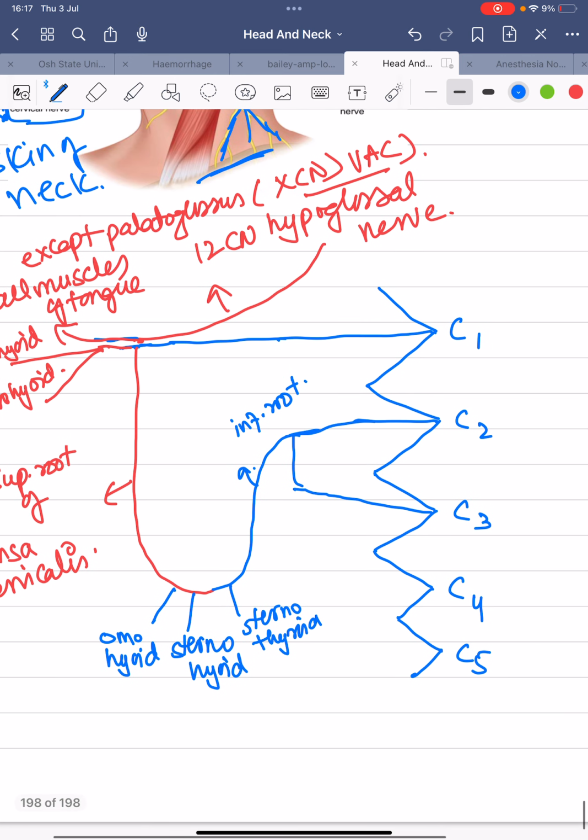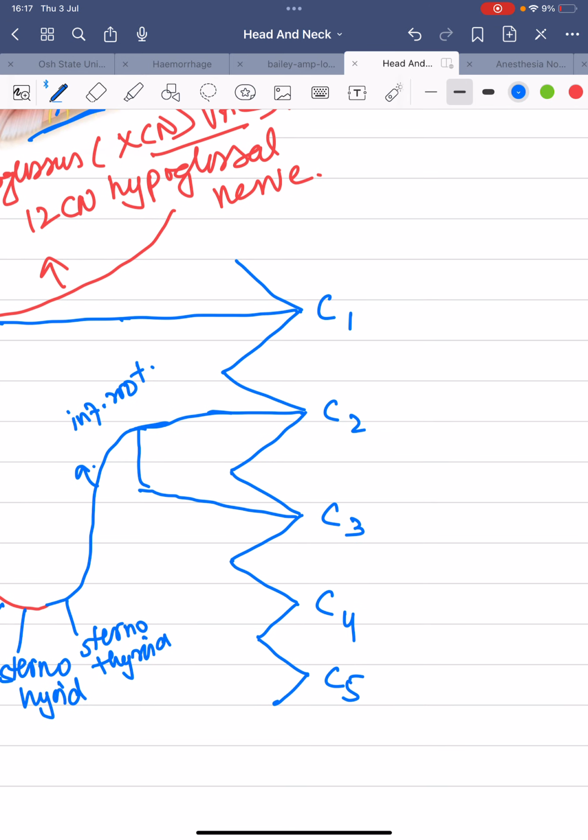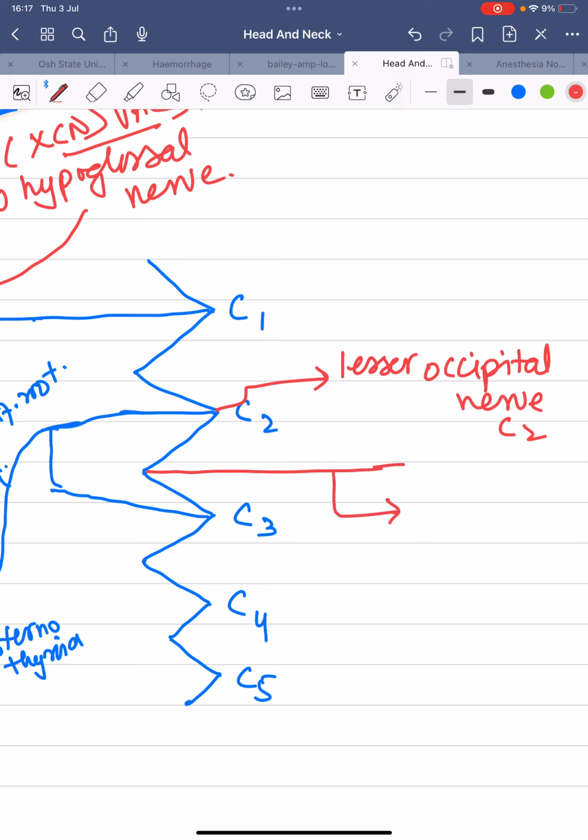Now the nerve root values of the nerves. See here, all students. C2, it will give here lesser occipital nerve. So lesser occipital nerve root value will be C2. Done. C2 and C3, two nerves. That is the transverse cervical nerve and your greater auricular nerve.